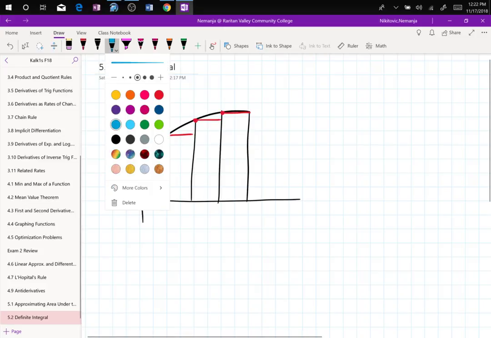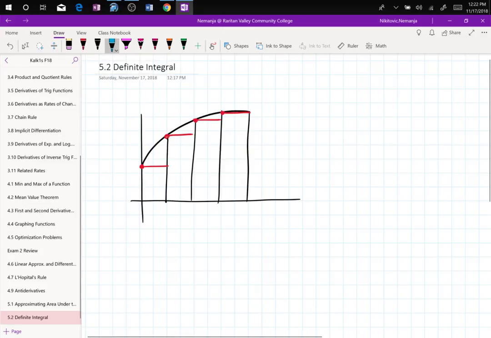But then in blue, I cut each one of these intervals in half, and then I draw blue rectangles. You see how much better blue rectangles are, because this portion here and this portion here and this portion here used to be errors, but they are no longer error.